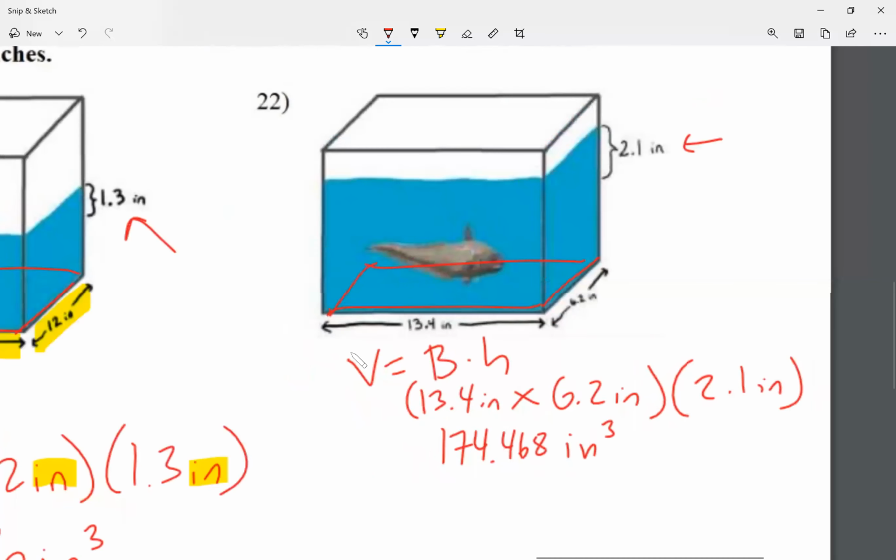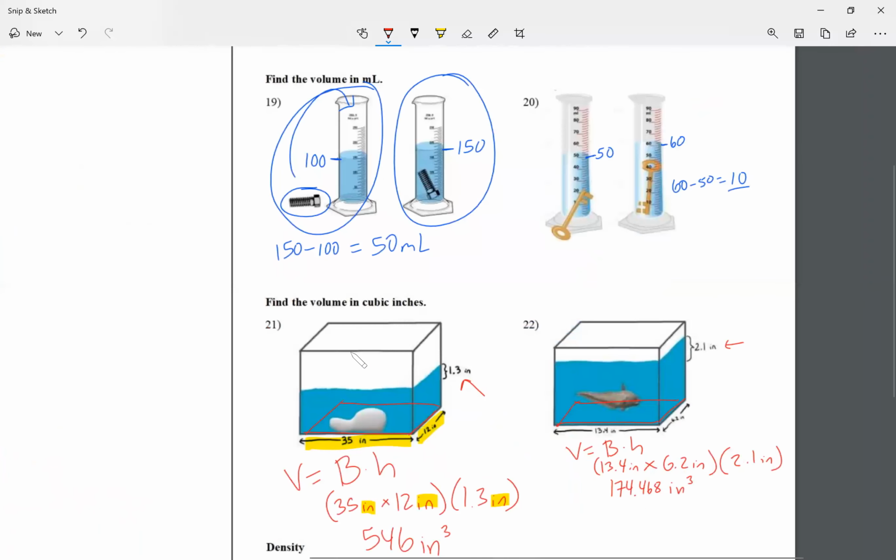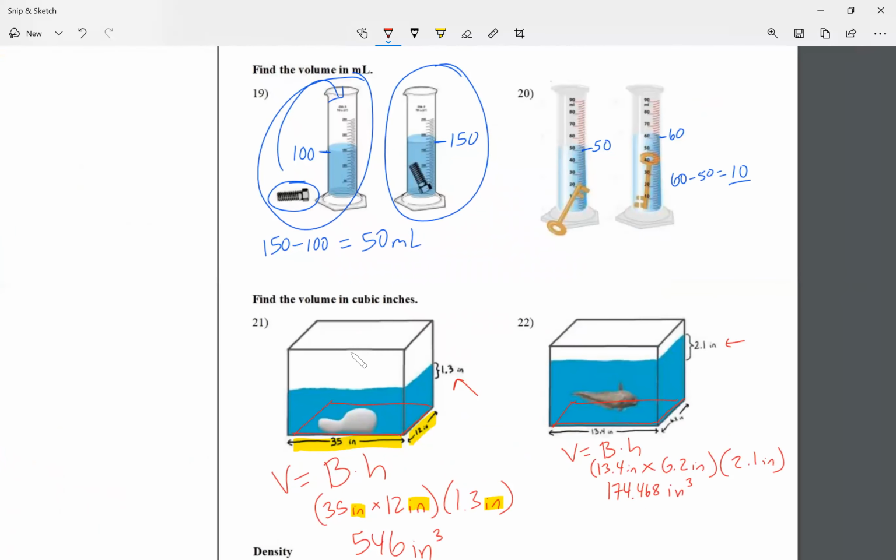Again, I just wanted to cover this to show you how you can get the volume of figures that have odd looking shapes. Just use displacement, because this is used a lot. Now your homework is not going to be on displacement. Your homework, what we're going to be looking at today, is composite figures.